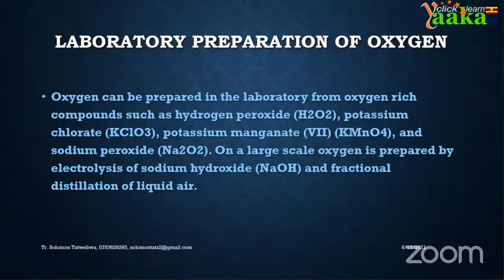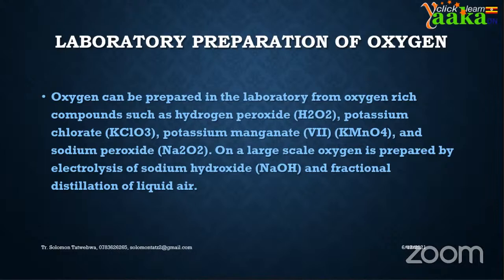Examples of those compounds are hydrogen peroxide, potassium chlorate, potassium manganate, and sodium peroxide. Those are compounds that contain a lot of oxygen that we can extract and use in other instances after it has been made.